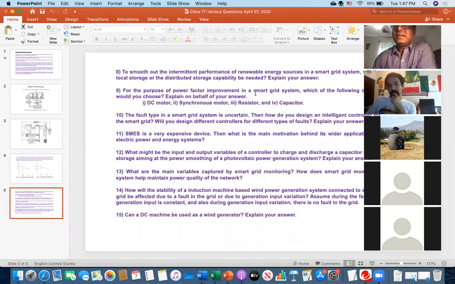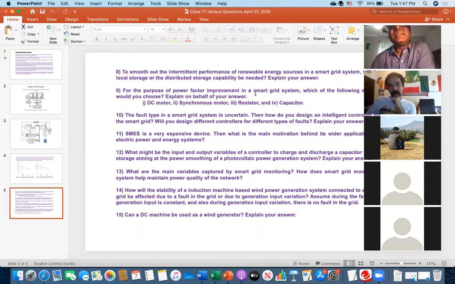Sir, the synchronous motor, we are running it in overexcited mode, right? Yeah, overexcited mode, and it should not have any mechanical load, or there can be very, very little load connected to it. Under these two conditions, the current leads voltage by 90 degree.